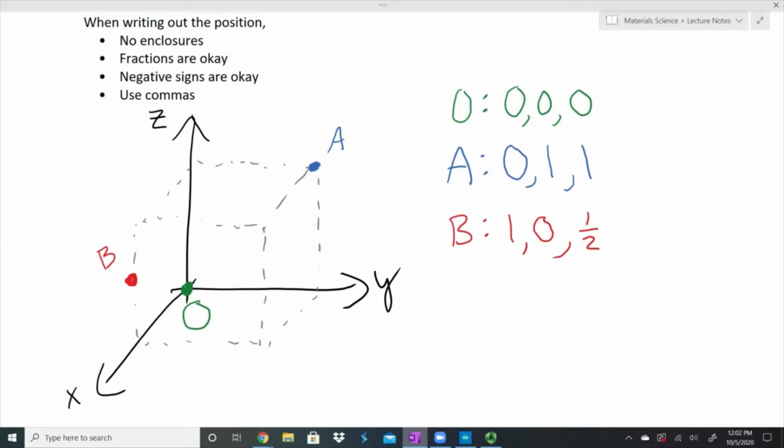And so possibly, depending on how this was set up, some of these might have been negative, some of them might have been in different orders. Possibly A, if we would have had our X, Y, and our Z's changed up a bit, our point A could have been written as 1, 0, 1 or 1, 1, 0. Depending on where we pick our origin, it could have been negative 1, 0, 1.